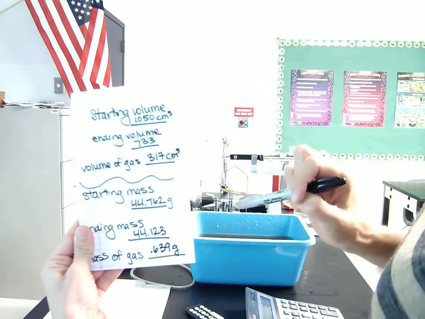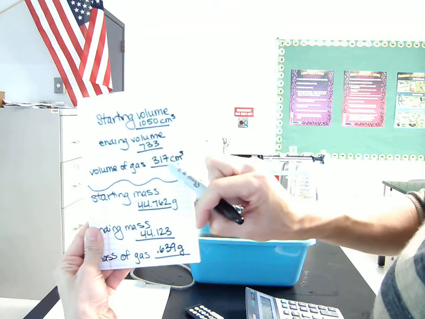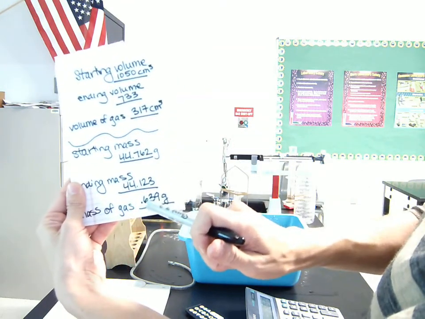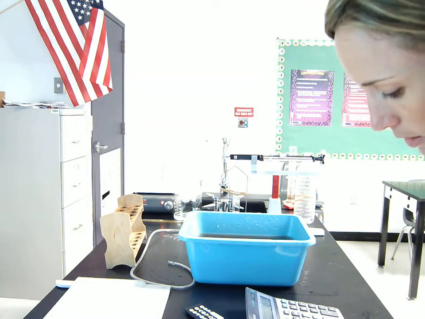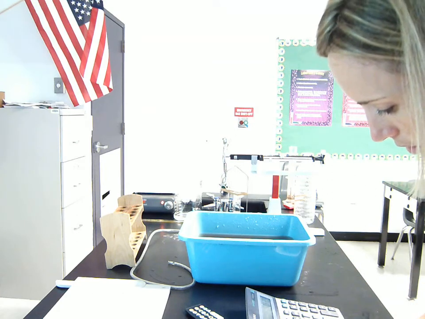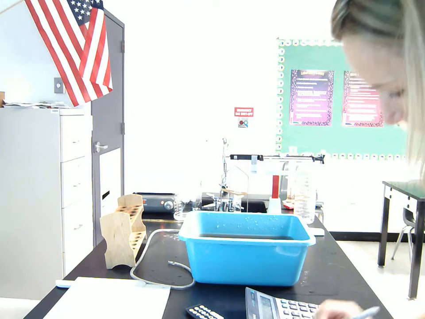Okay, so through all of that indirect measuring, we found the volume of our gas was 317 cubic centimeters. The mass of our gas was 0.639 grams. And so we're going to calculate the density, which is mass divided by volume. So 0.639 divided by 317.